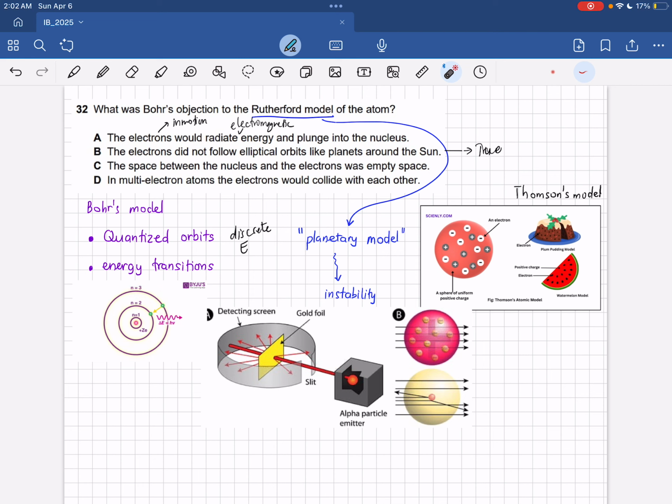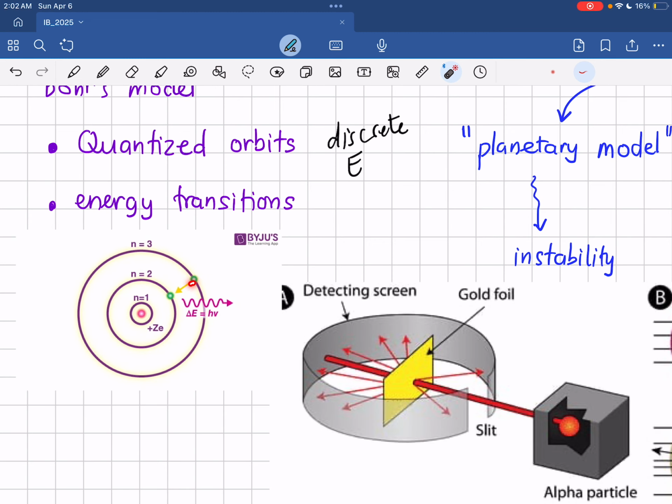It's only when the electron transitions from one orbit to another. If it goes from a higher to a lower one, it emits a photon with the same energy as the gap between them.